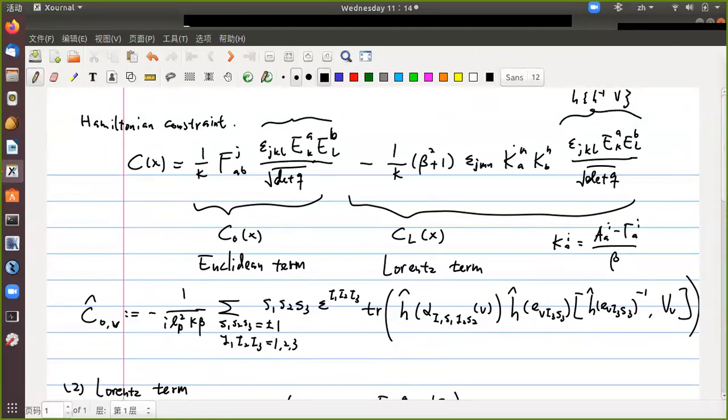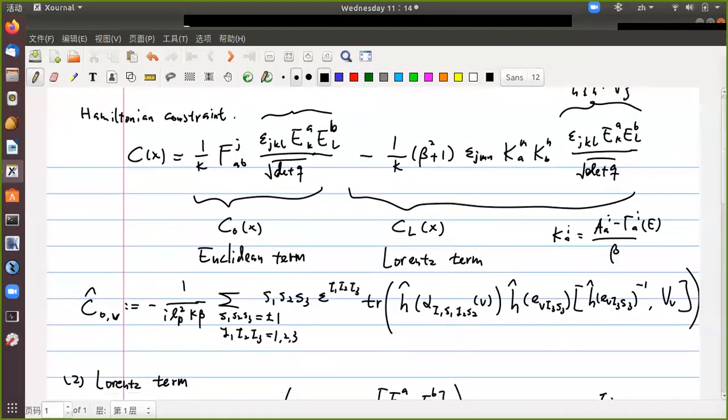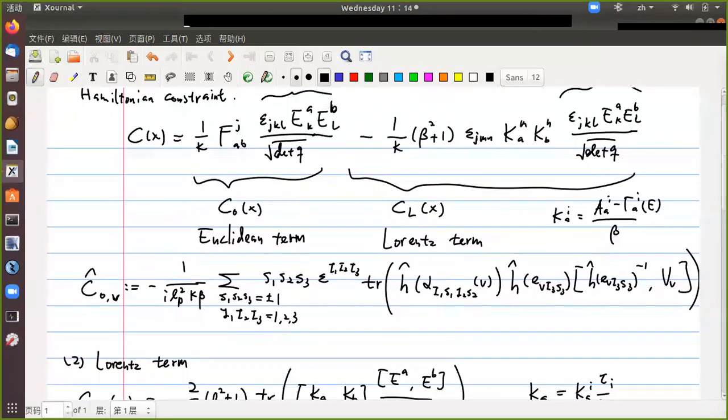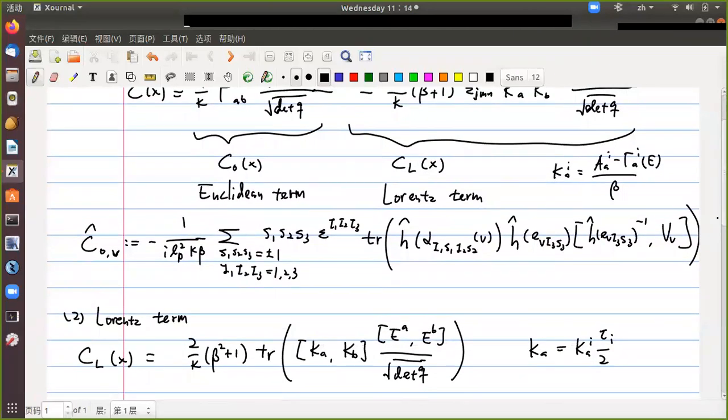So actually this K should be written more explicitly in terms of this. And this gamma is dependent on E, and A is the Ashtekar connection. So this Hamiltonian constraint is just a function of A and E. So this K is just viewed as an intermediate variable.